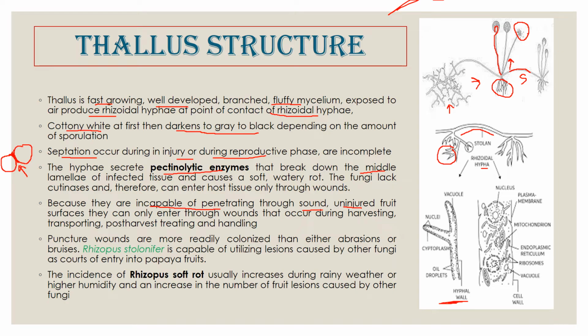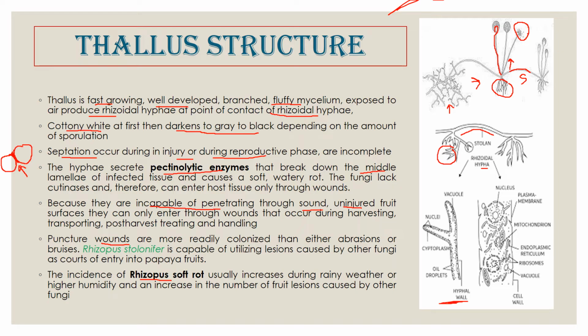They are soft fruits, and post-harvest injuries are very common. They also enter through wounds created by other species of fungi, bacteria, or any other species that has caused a wound.